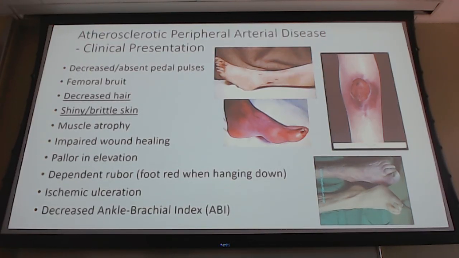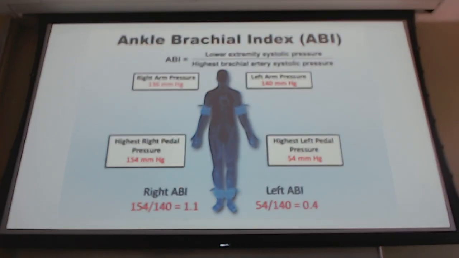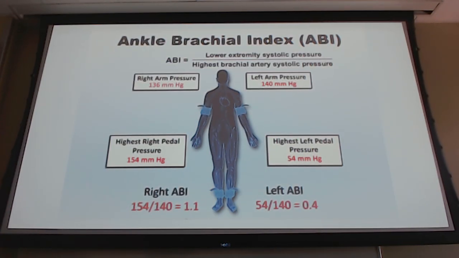Has everybody heard ABIs? Cool. So this is nothing new. Okay, I would know how to do this. So ABI, you take your lower extremity systolic pressure, divide it by your highest brachial artery systolic pressure. Okay? You got to take the blood pressure on all four extremities.